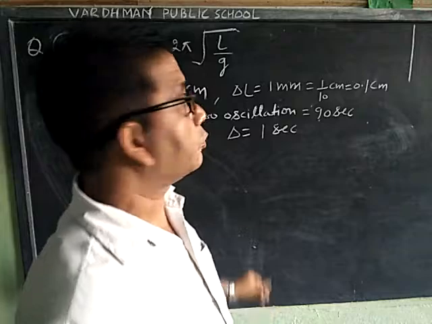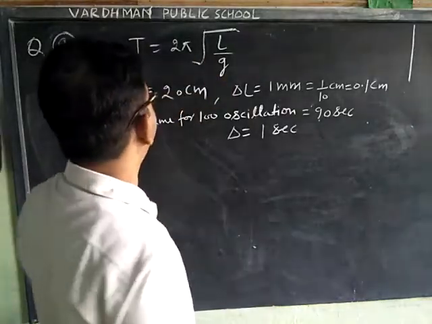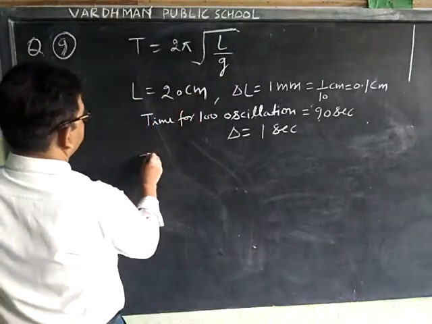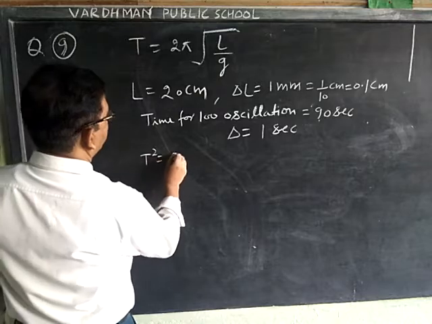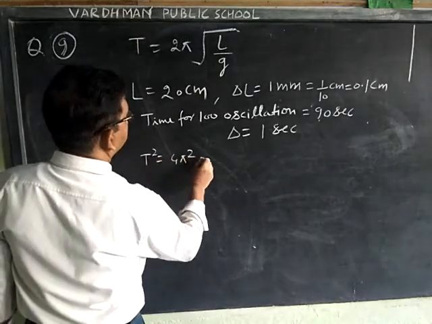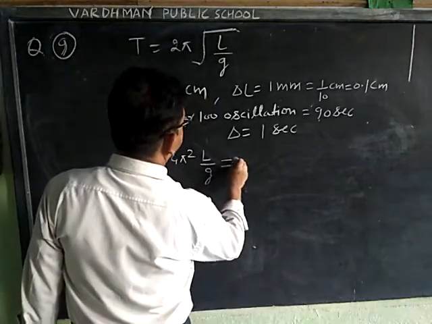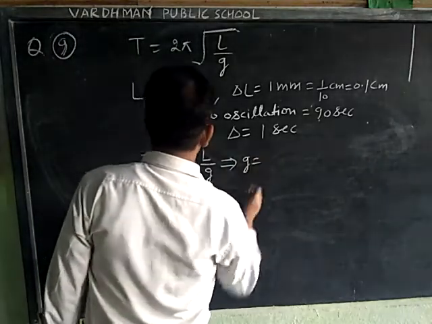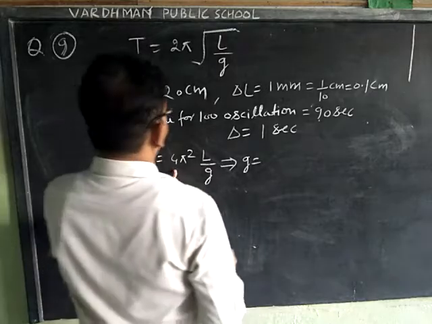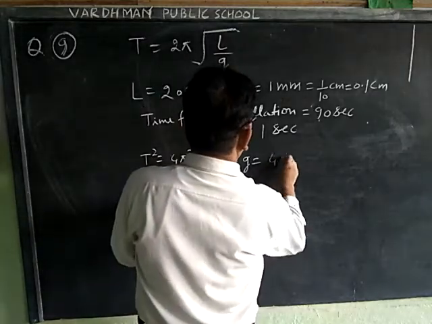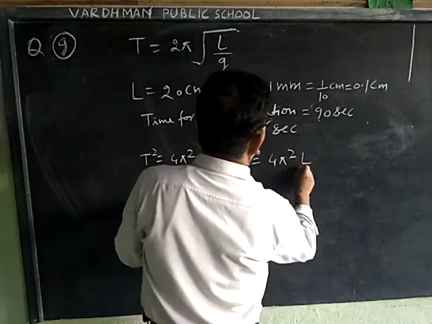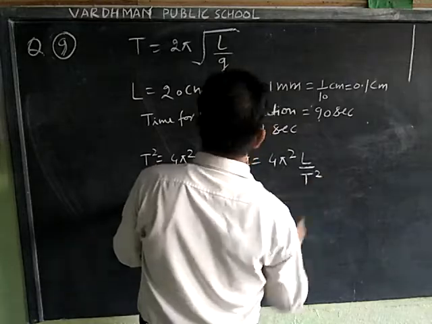Now it is given that T is equal to 2 pi under root L by g. First we will square on both sides. Then it becomes T square is equal to 4 pi square L upon g. This implies g is equal to 4 pi square L upon T square.